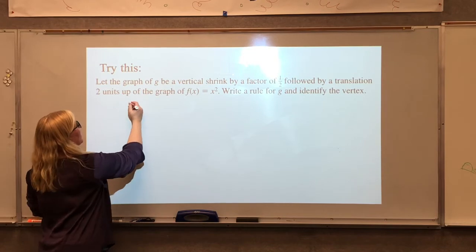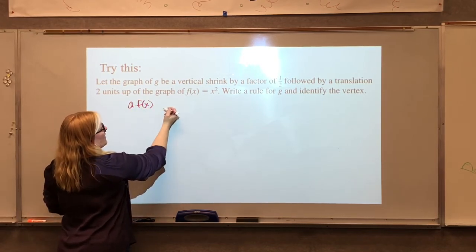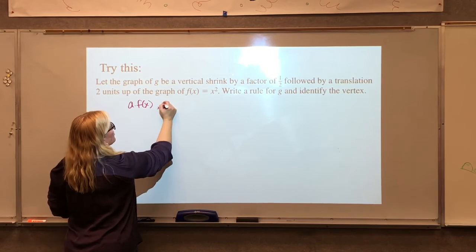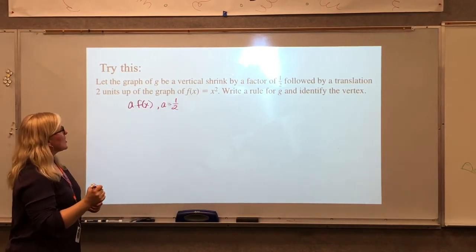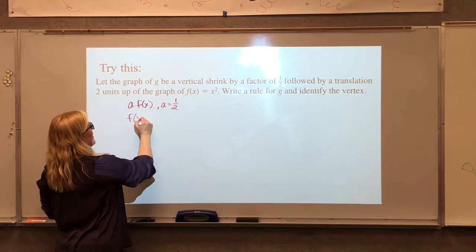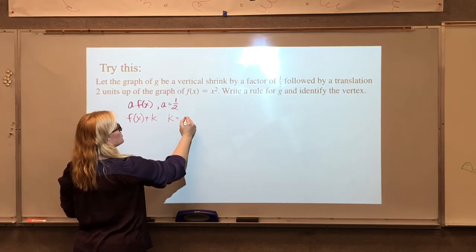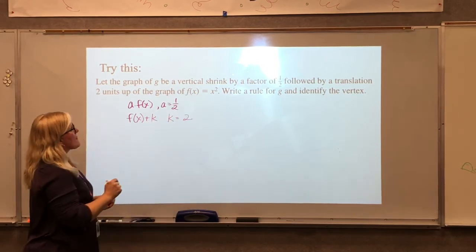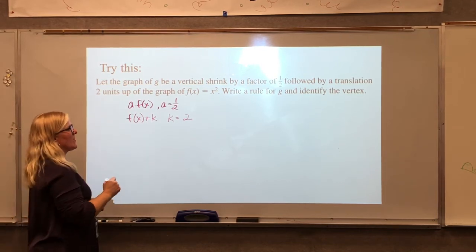Okay, so again we have a times f of x by a factor of 1/2, so a is 1/2, followed by a translation 2 units up. So this is f of x plus k, where k is 2 units up. Okay, write a rule for g and identify the vertex.